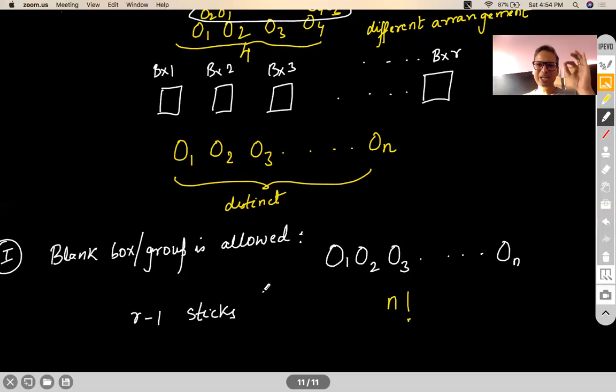So what I'll do is, I will take these sticks and mix them up with these balls and try to shuffle them. Try to understand, imagine it in your mind. That will be more helpful. You have these n distinct balls. Take R minus 1 identical sticks.